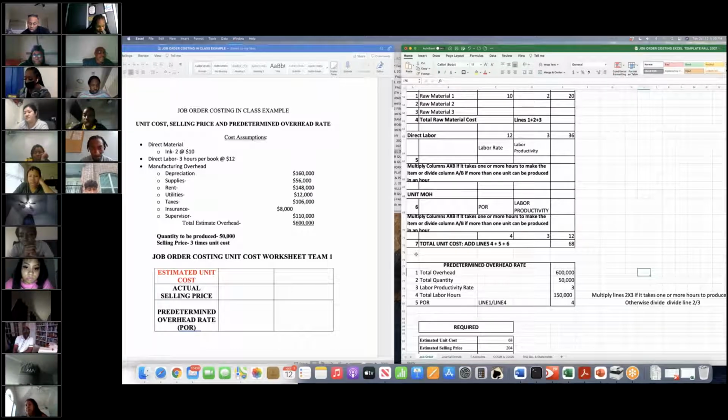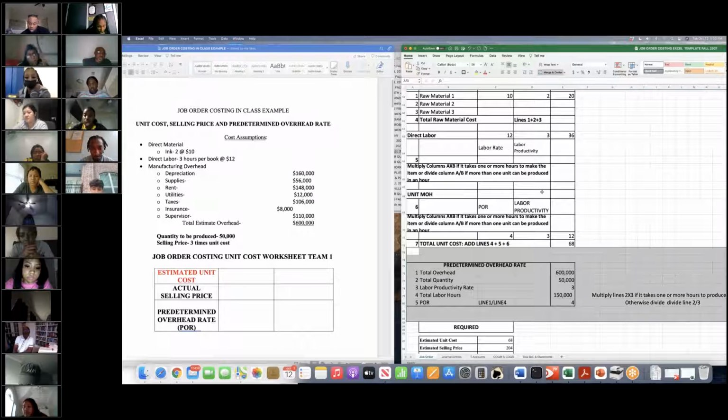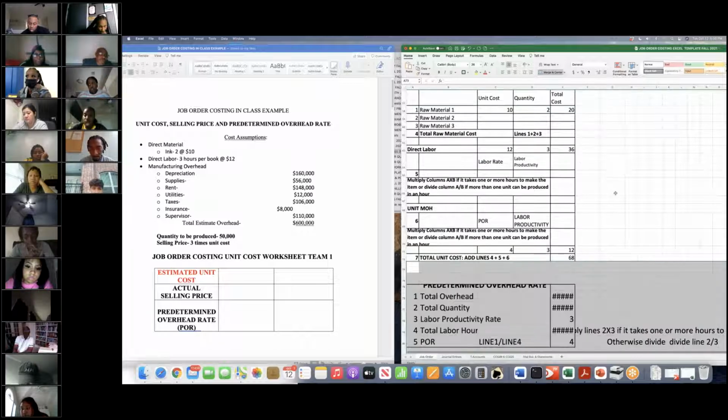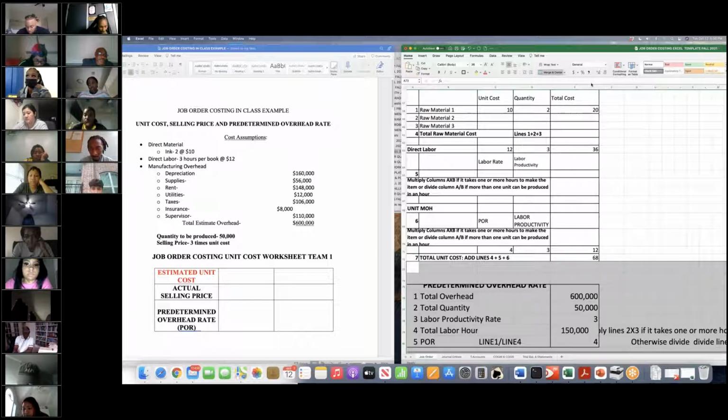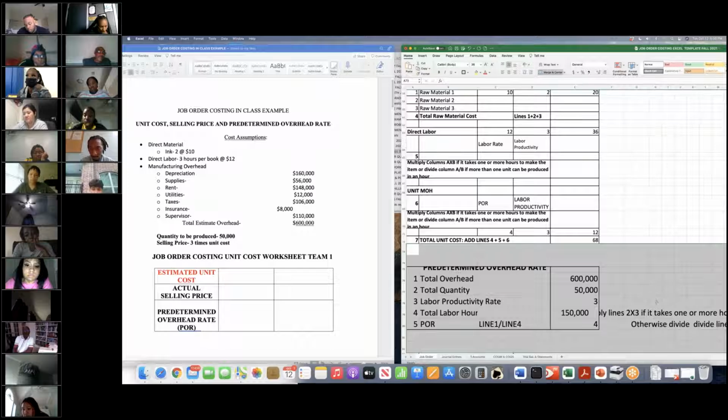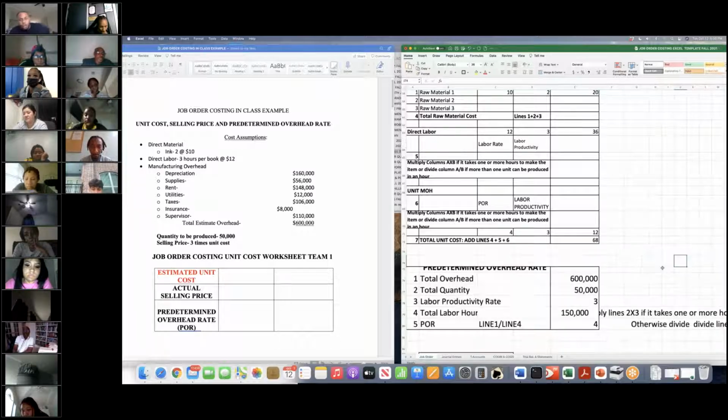Because it said number of hours for 1 book, it's going to be 50,000, the quantity, times labor rate, which is 3. That gives us 150,000. Now the POR is going to be the overhead, that's the total overhead divided by the labor hours, which is going to be 4. So we need the overhead, we need the quantity, we need the labor rate.